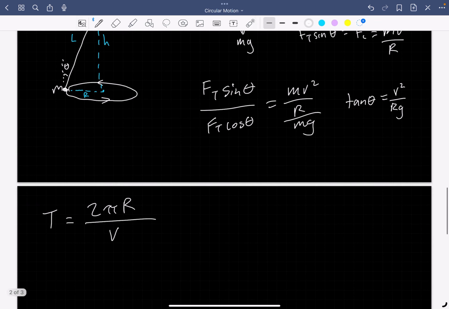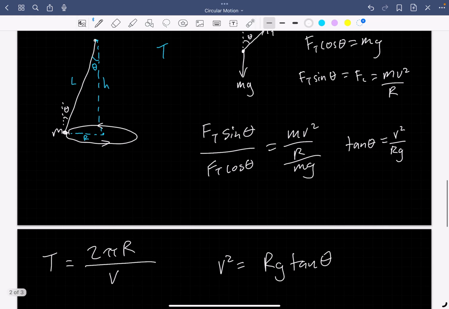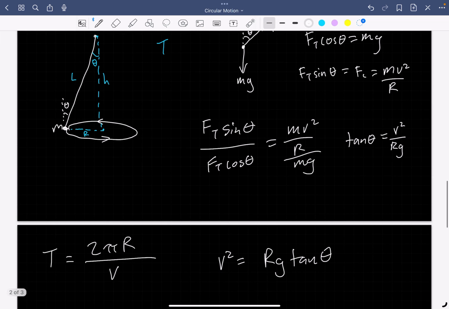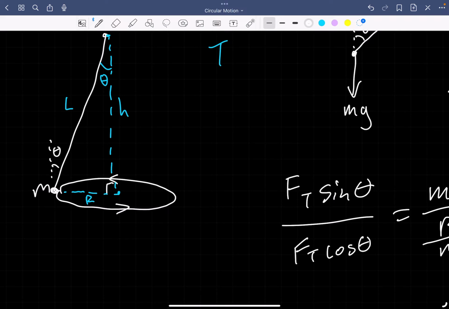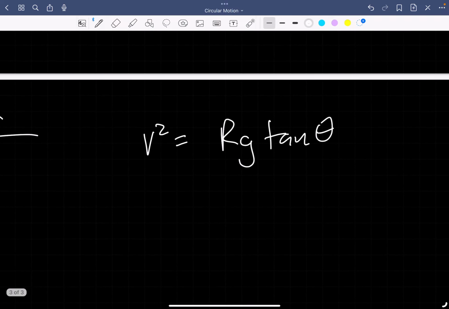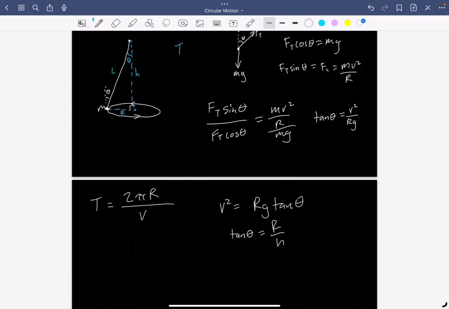And now we know that v squared is equal to rg tan theta. Tan theta here is going to be the opposite side of the triangle divided by the adjacent side of this right triangle. So we know that tan theta is equal to r divided by h.